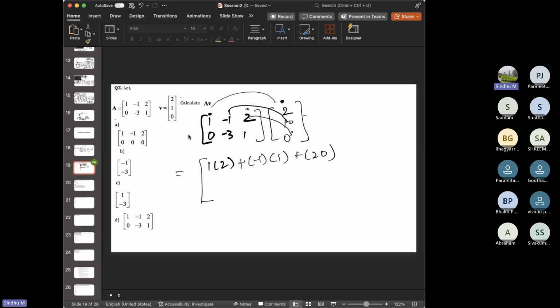And similarly for the second term, we have to add this row with this column, these two and these two. So this would be 0 into 2 plus minus 3 into 1 plus 1 into 0.